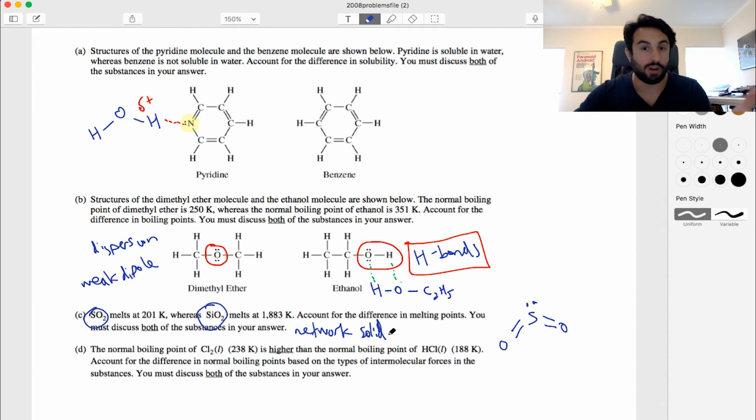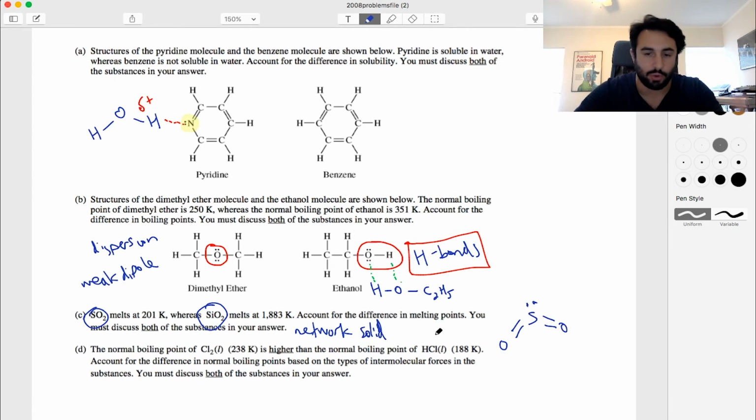And it's very hard to break covalent bonds, much harder than electrostatic interactions like dipole-dipole interactions. So it's going to boil way higher because we would need so much energy to break all of the covalent bonds in this whole lattice. Here we're talking about different kinds of bonding in the substance. So that's why.